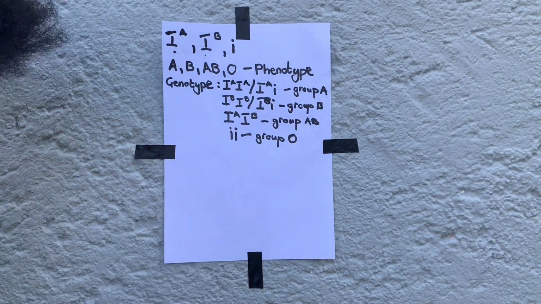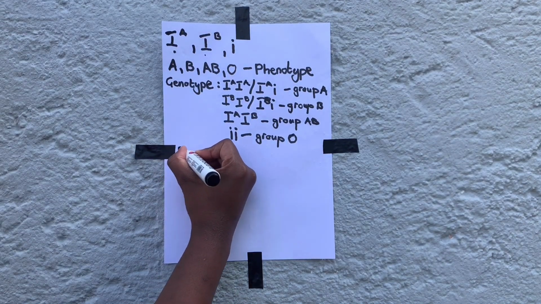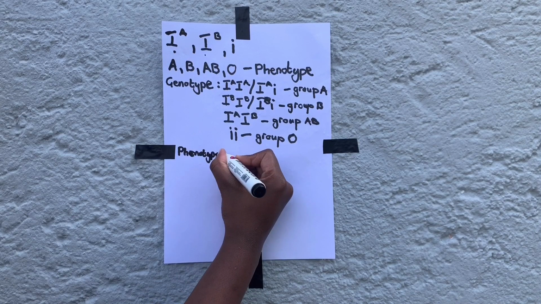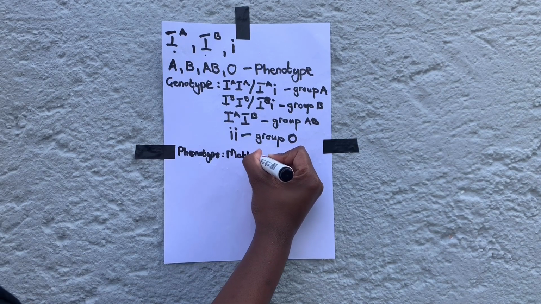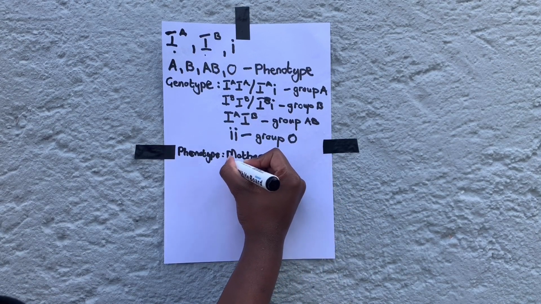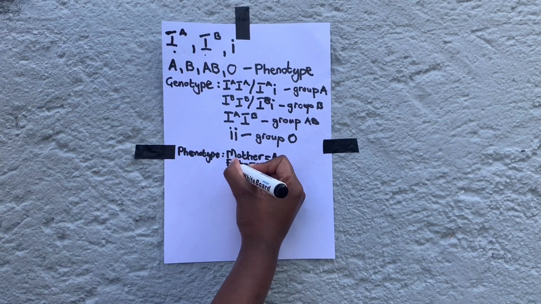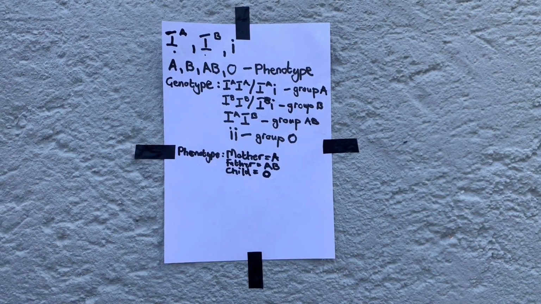They told us the phenotypes: the mother has blood group A, the father AB, and the child has O. So you have to now determine whether the father is the father.